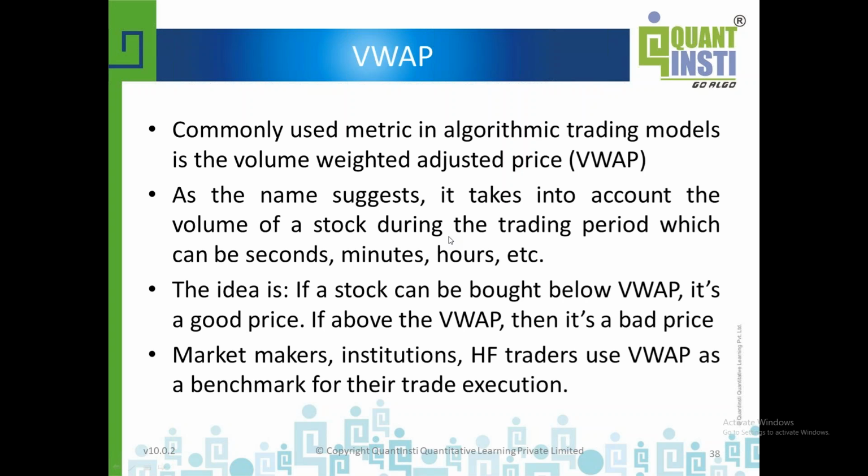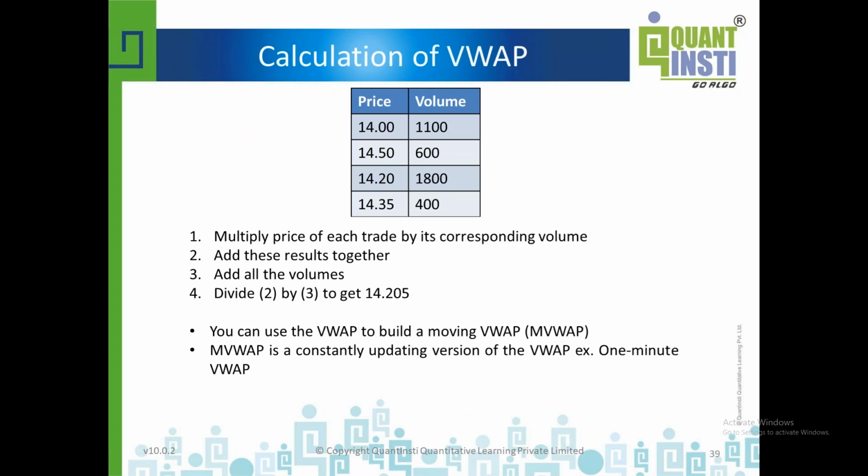This is just one way of executing. Obviously, there is no guarantee that the price will go above or below VWAP. It is just a good way of doing it. So this is how it's done.